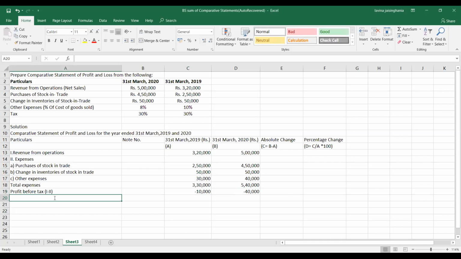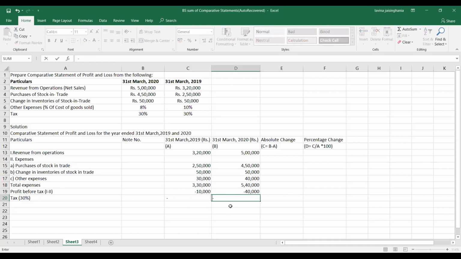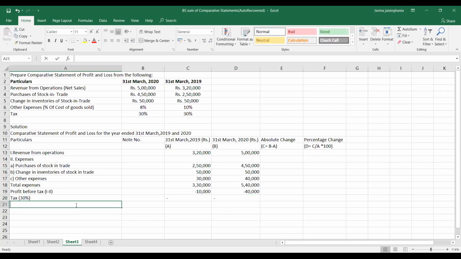Now you have to charge tax, and that is 30%. Now 30% tax will be charged on profit. But are we having any profit? No. So just leave it blank. There will be no tax charged as there is no profit. Then you have to write profit after tax.